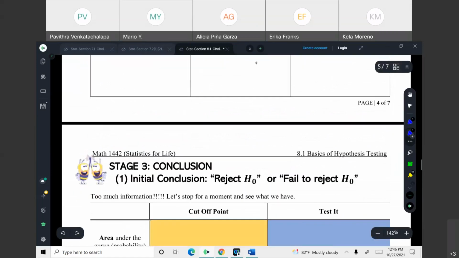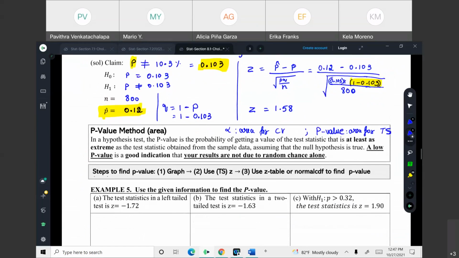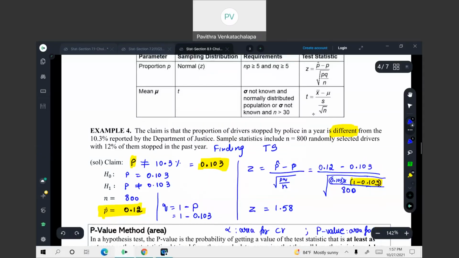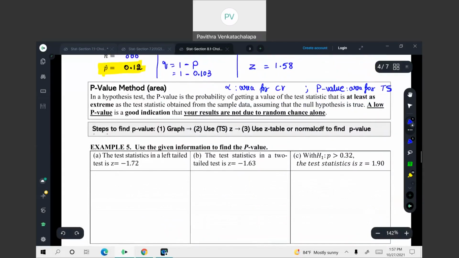So we will do this on Friday. Yeah, we finished till example 4, and now we will study p-value.